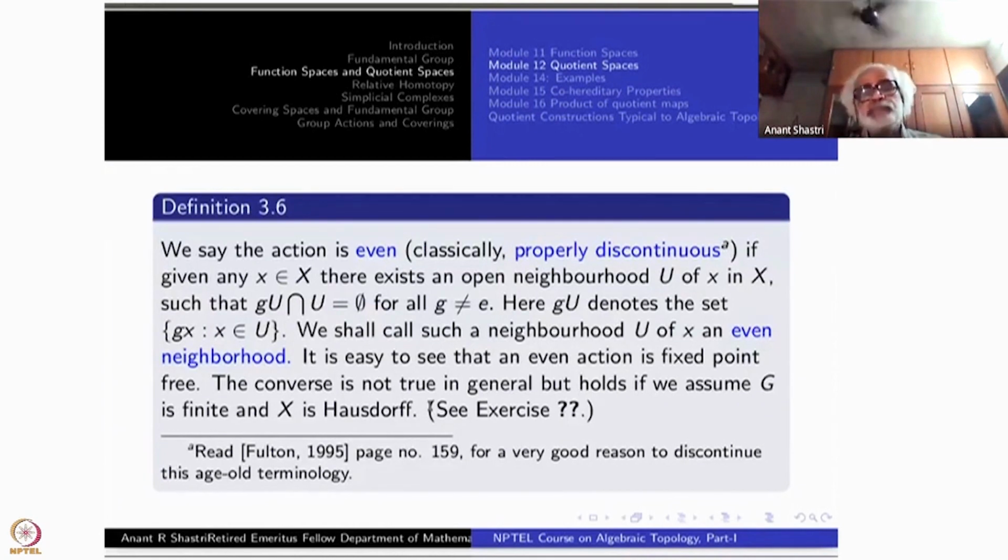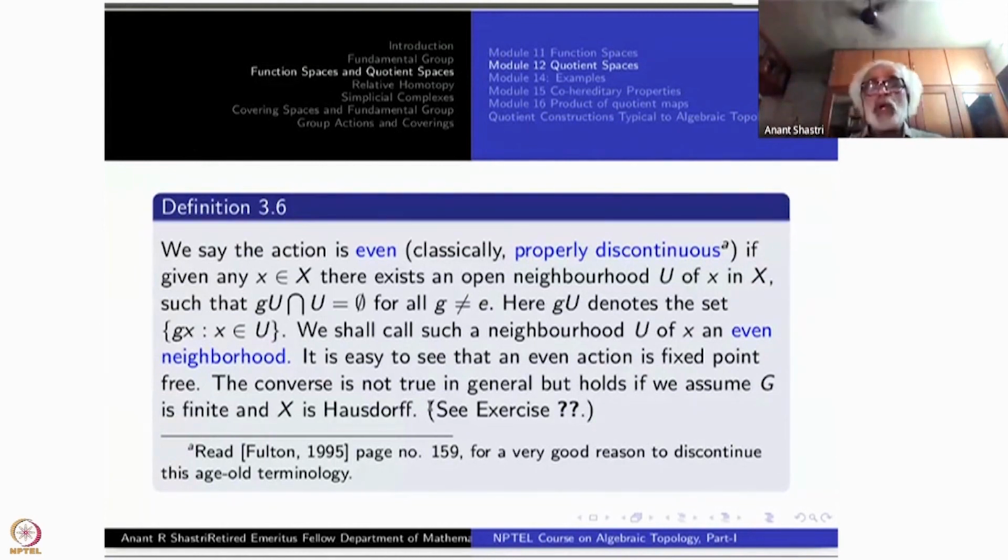Accordingly, we will introduce a few more concepts, definitions. An action is called even if for every point x in X, you have a neighborhood U of x in X such that if you translate U by g, gU, it will never intersect U. gU intersection U is empty for all g not equal to e.